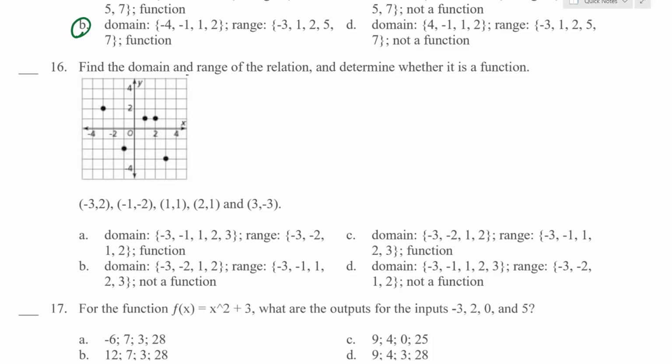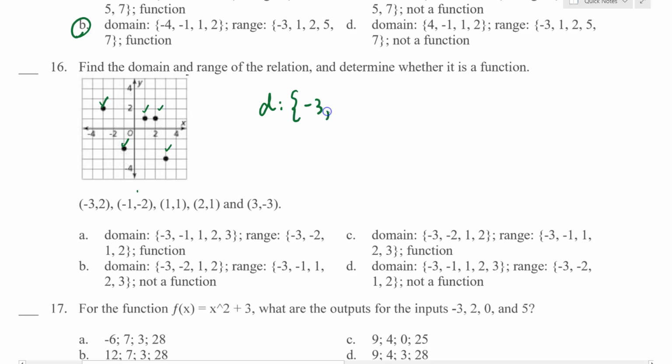I know that we have negative 3, 2, which is right here. Negative 1, negative 2, which is right here. So we have these 2 points. 1, 1, 2, 1, and then 3, negative 3. So we have negative 3, negative 1. So we're going to start with our domain.